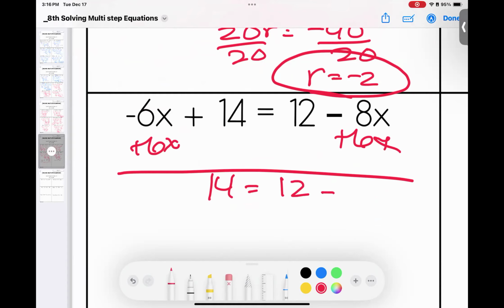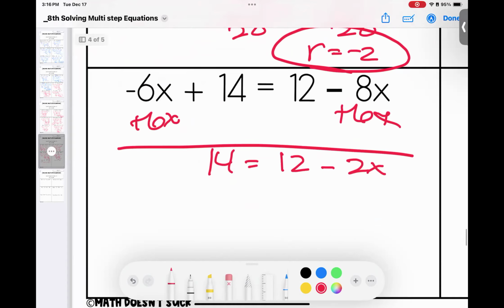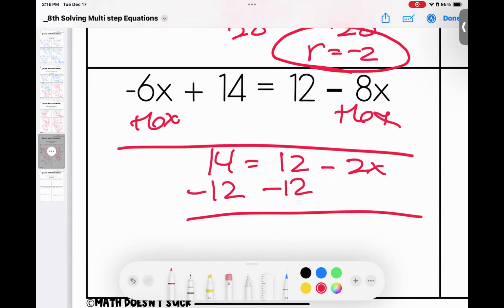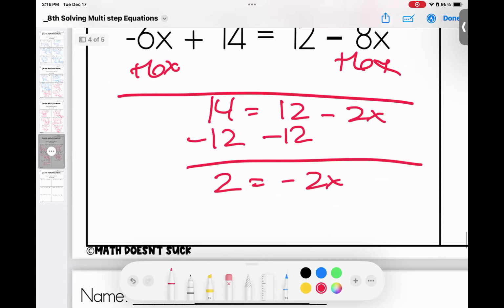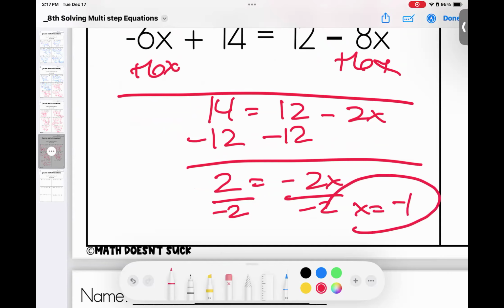My preference is, whenever possible, to try to make a positive variable, but the best plans, right? The best plans. Divided by negative 2, x is equal to negative 1. But let's actually make that look like a negative 1.